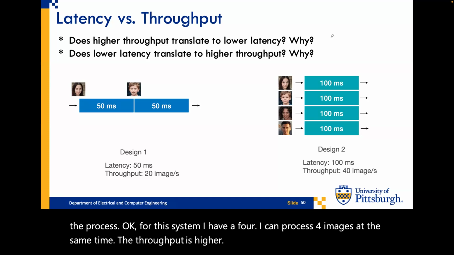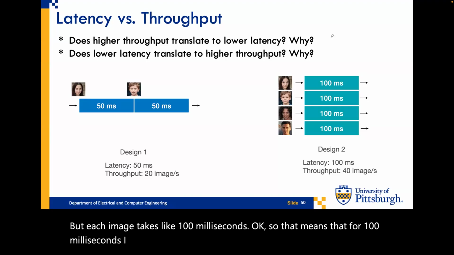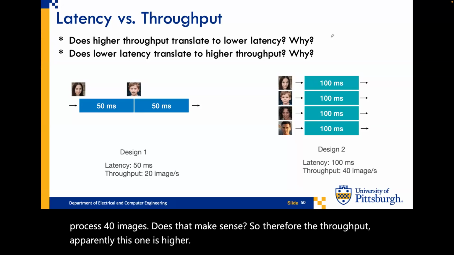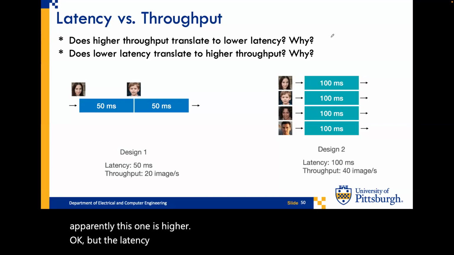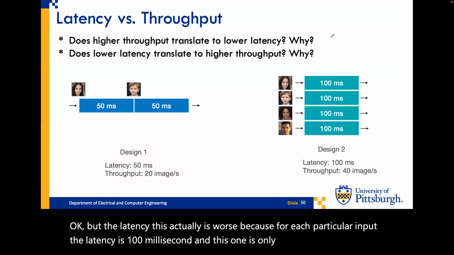But each image takes 100 milliseconds. That means in 100 milliseconds I can process 4 images, so in 1 second I process 40 images. Does that make sense? Therefore the throughput of this one is higher. But the latency is actually worse, because for each particular input the latency is 100 milliseconds, and the other one is only 50. Throughput and latency are two different metrics.